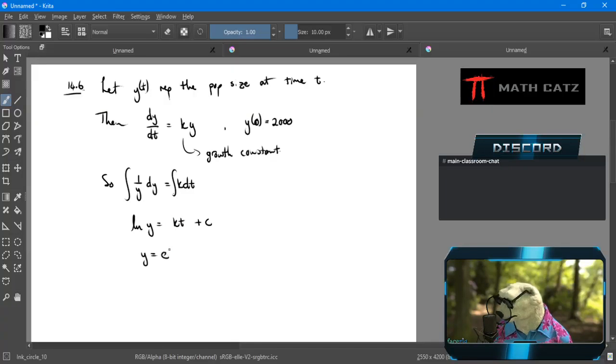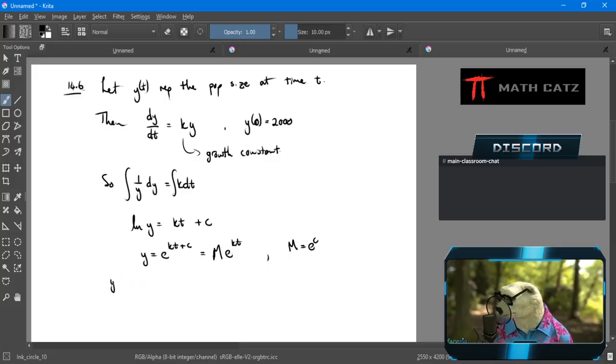So y is e to the kt plus my integration constant, which I rewrite as m times e to the kt, with m being e to the integration constant. I'm doing this on purpose every time because the first part of the test question might ask me to verify how to solve this differential equation, even though I know the target we're aiming for.